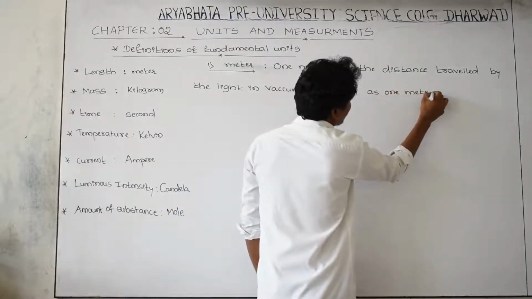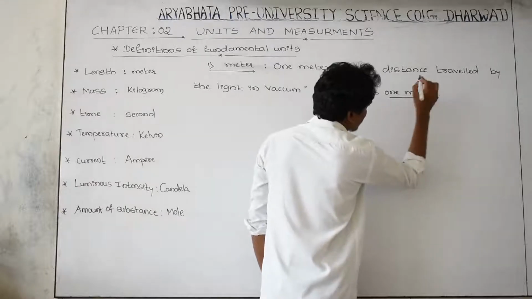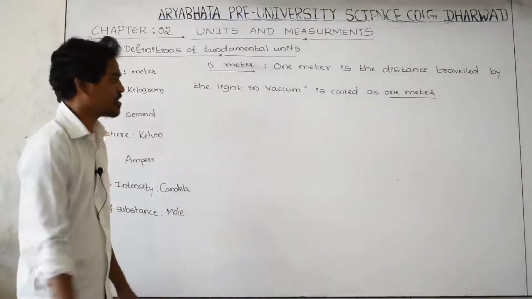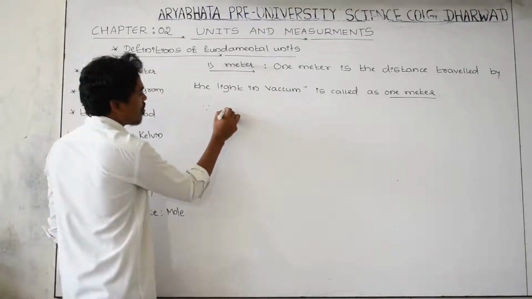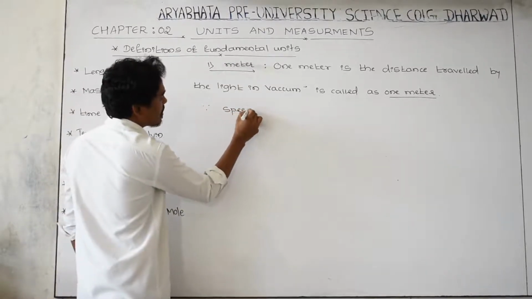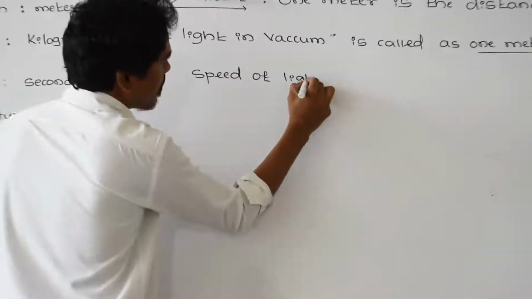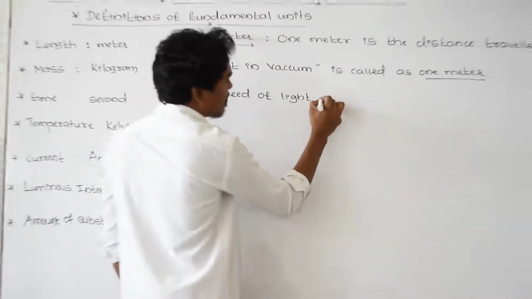In order to define what we mean by 1 meter, we are going to take a reference, the speed of light. As you know very well, the speed of light in vacuum, in a time of 1 second.